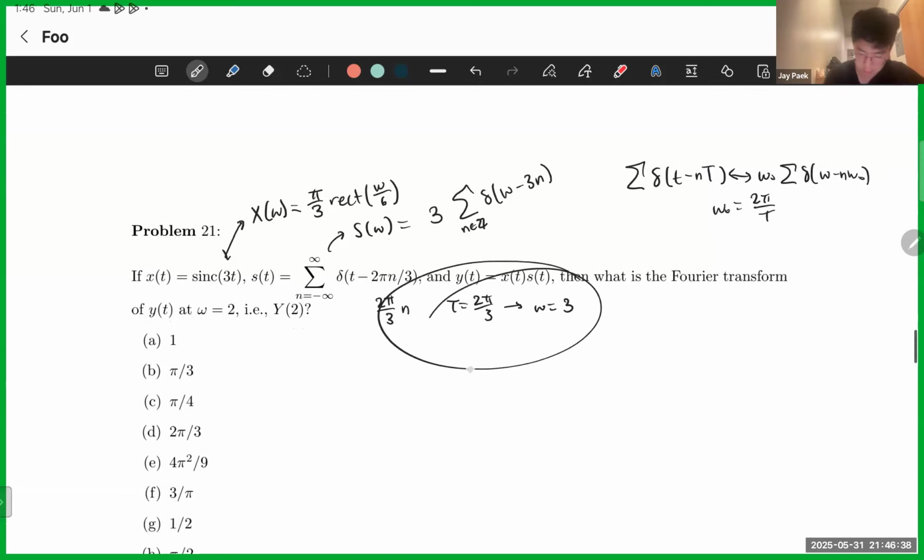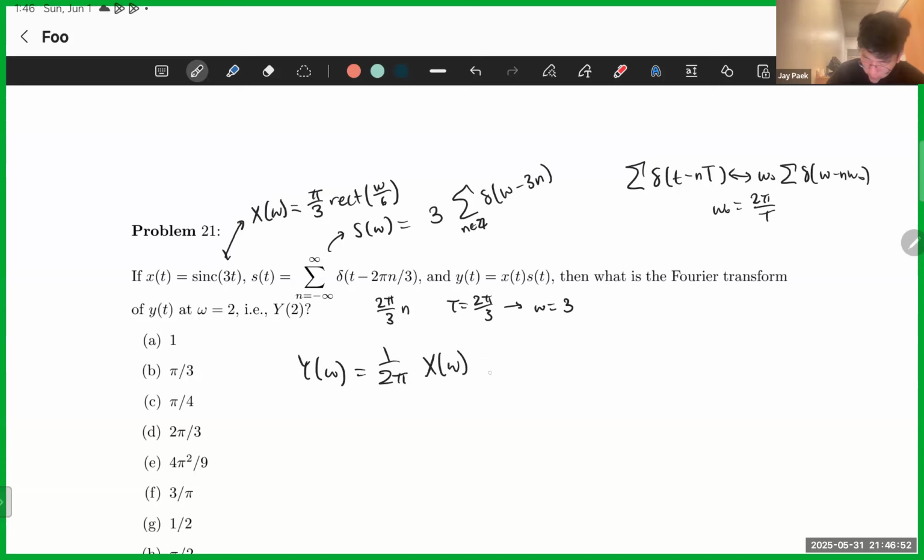And so we obtained this kind of result. And now I want to do Y of omega equals 1/2 X of omega convolved with S of omega.